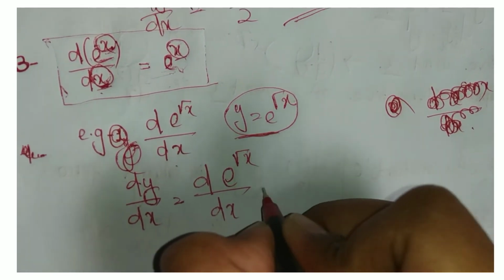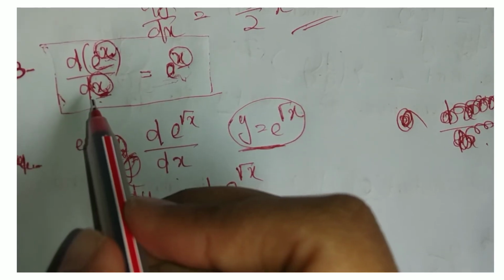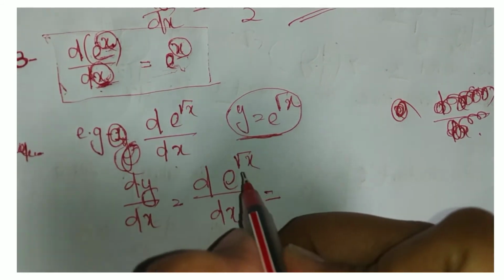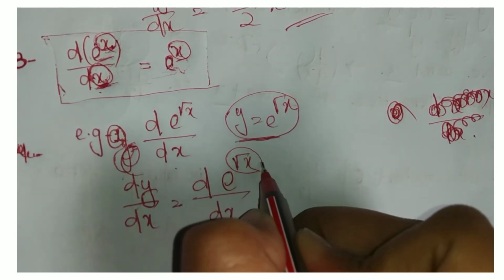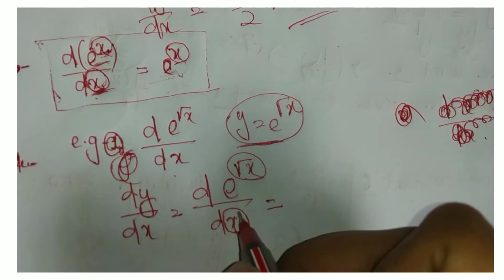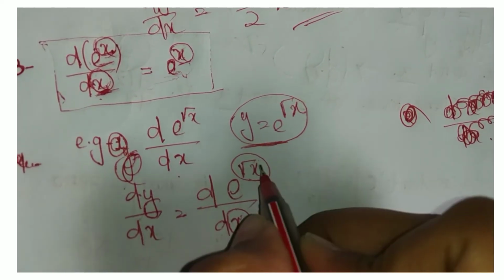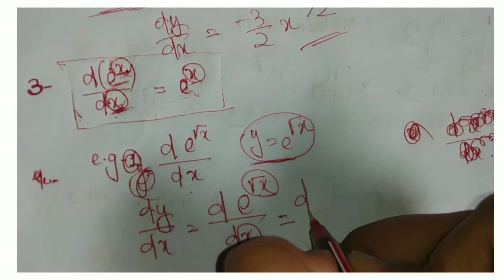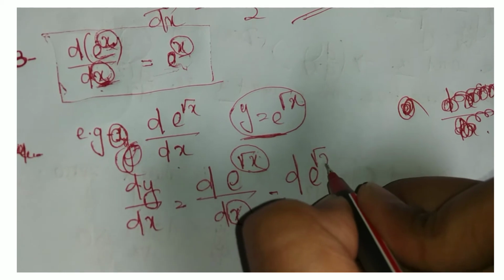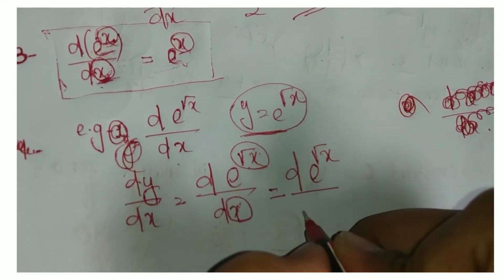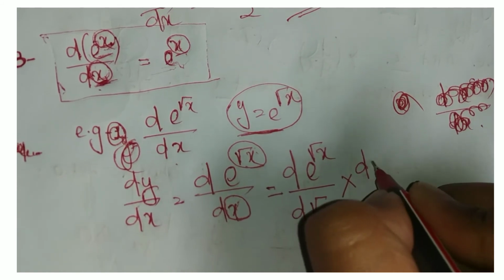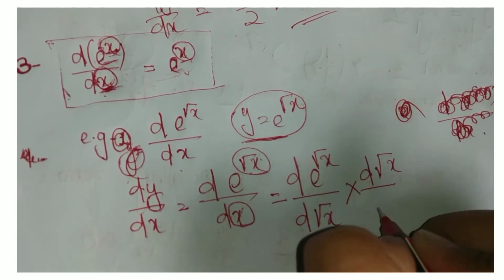Here e to the power x with respect to x, but here e to the power root over x with respect to x, which are different. So we calculate the derivative of e to the power root over x by d root over x, into the derivative of root over x by dx.